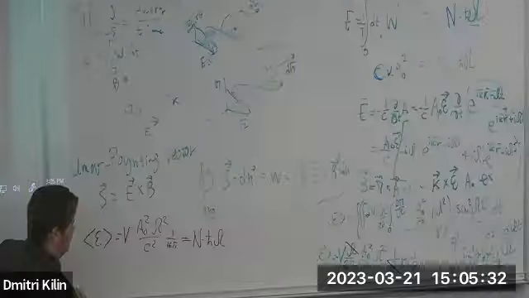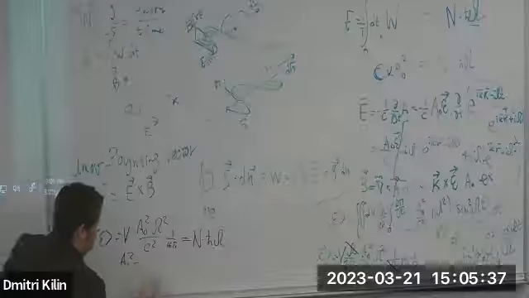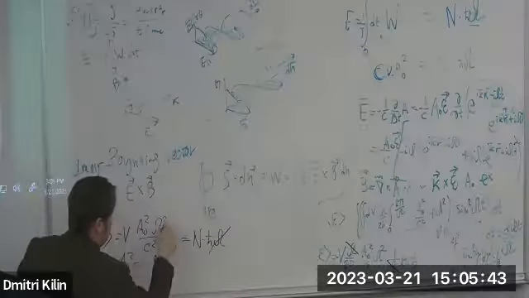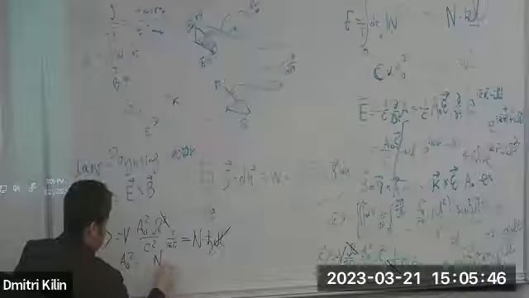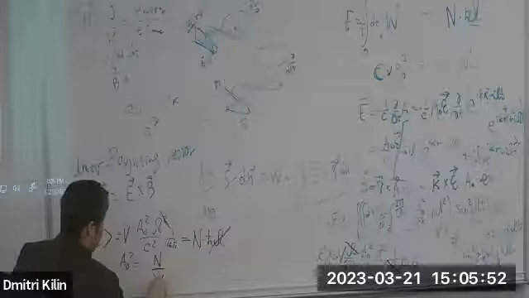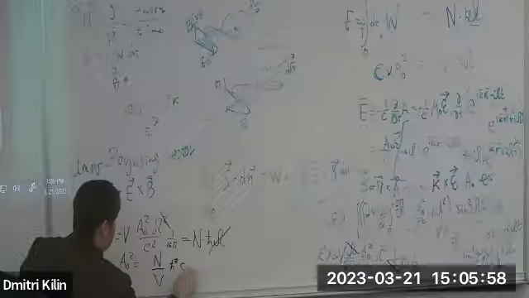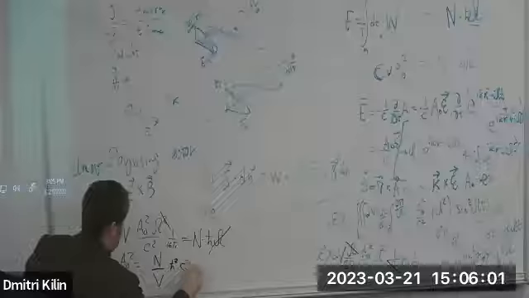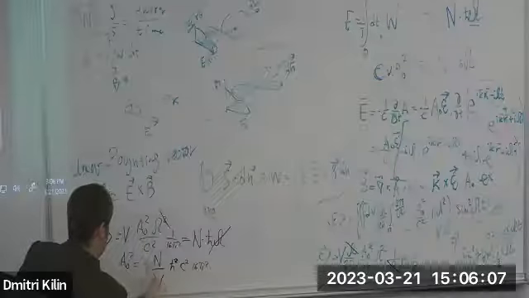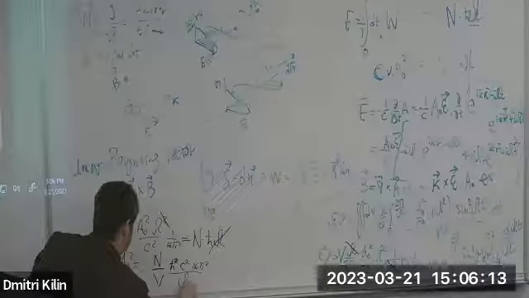So if you want to solve for A naught squared, this frequency will cancel this frequency, and so we get the number of quanta per volume, and then the rest will be h bar squared, speed of light squared, several pi constants, divided by omega.